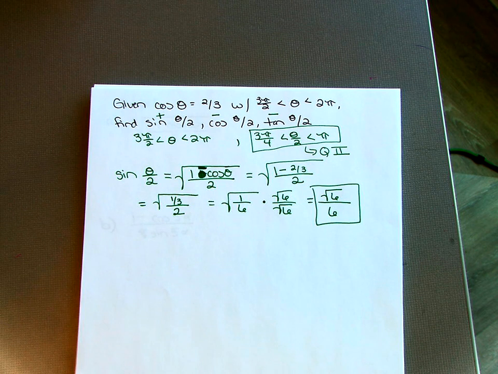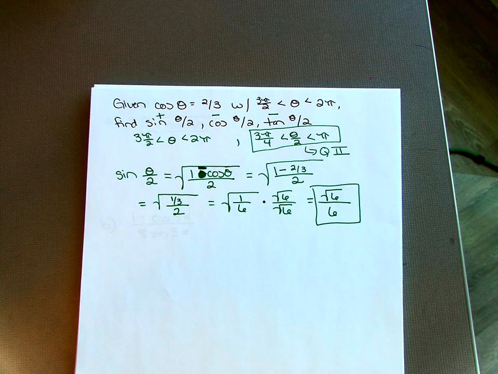When they tell you that cosine theta equals a number, and they tell you which quadrant you're going to fall in, then you're able to figure out the sine, cosine, and tangent of your half identities as actual numbers. They're still going to have radicals a lot of times, but you can simplify it as far as possible.